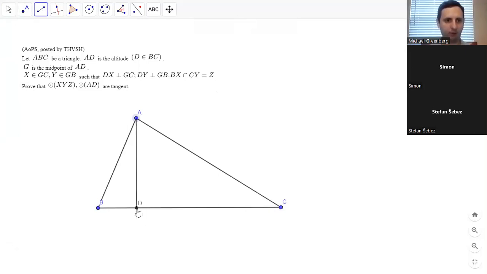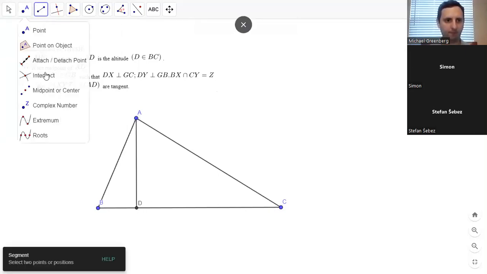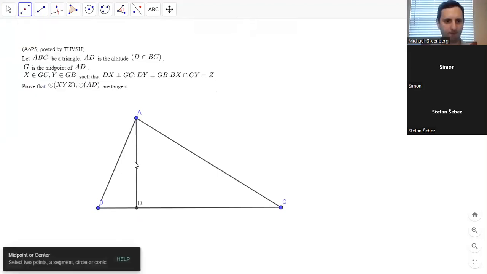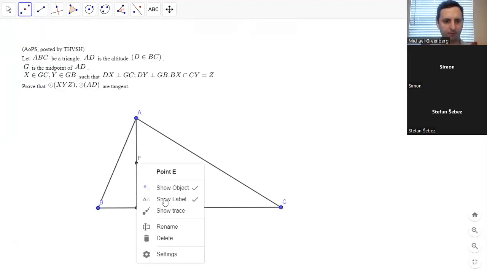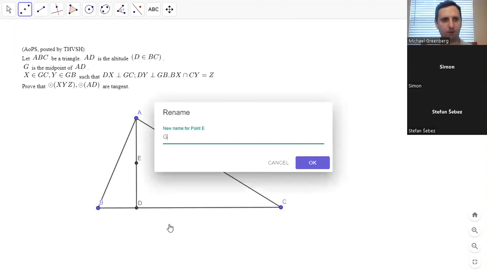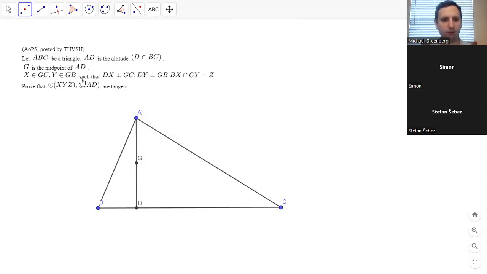And G is the midpoint. I have to rename it. X is on GC and Y is on GB, so that, let's see, DX is perpendicular. Okay, so basically we drop the perpendiculars from B to those two segments.